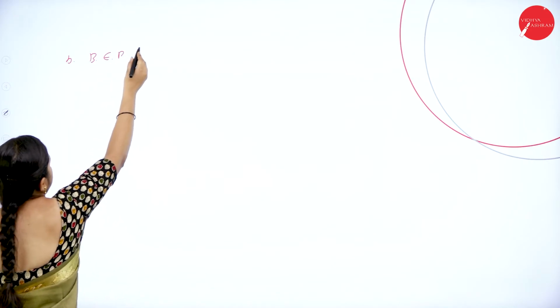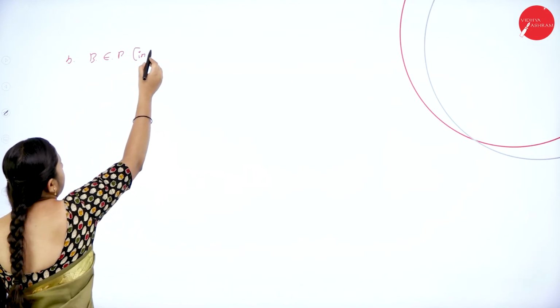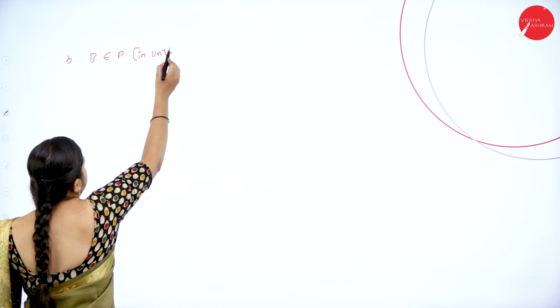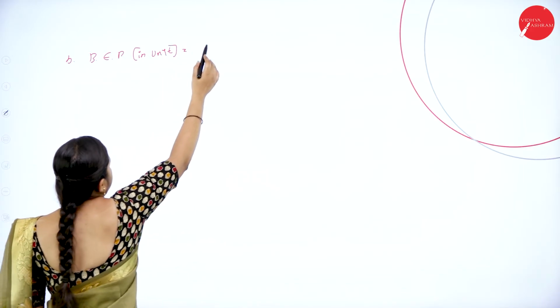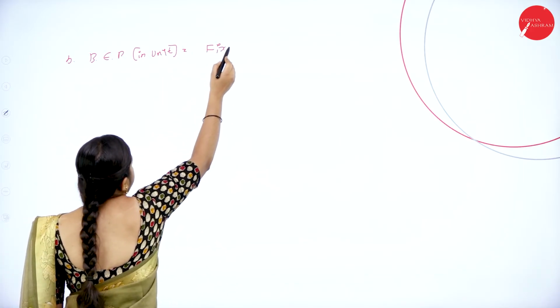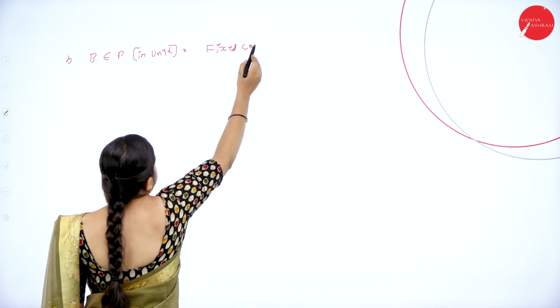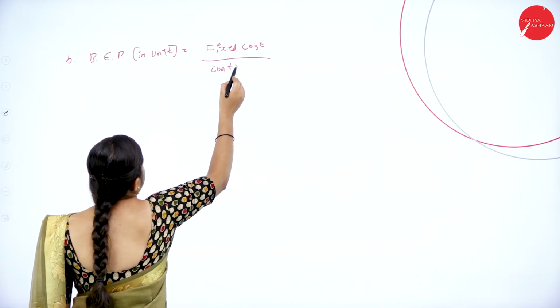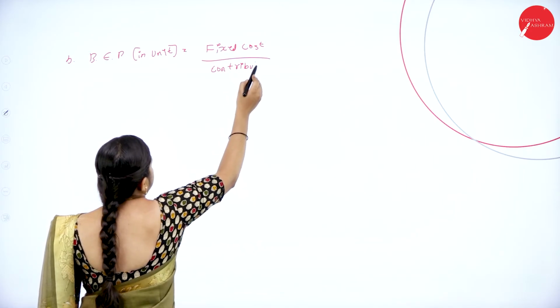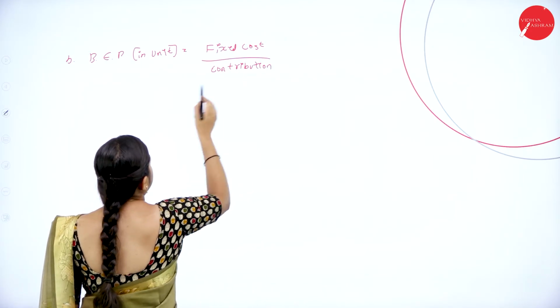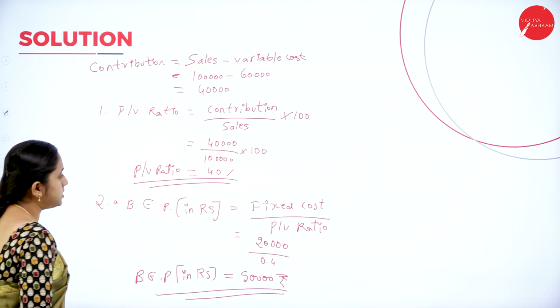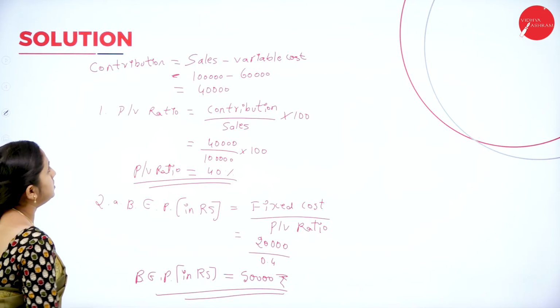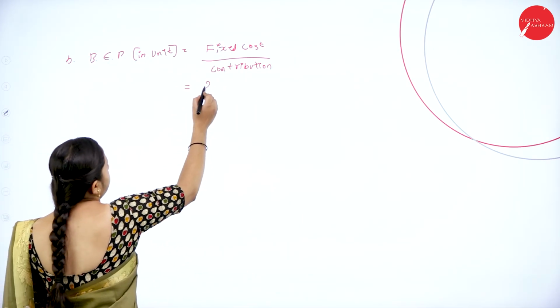BEP in unit is equal to fixed cost divided by contribution. Fixed cost is 20,000.